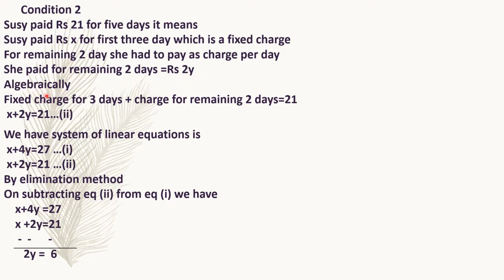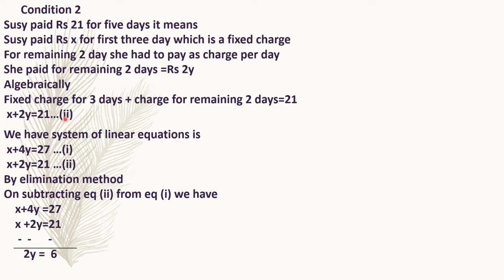Algebraically, we can say that fixed charge for 3 days plus charge for remaining 2 days is equal to total charge, which is equal to 21 rupees. So we can say x plus 2y equal to 21, and we consider it as equation number second.